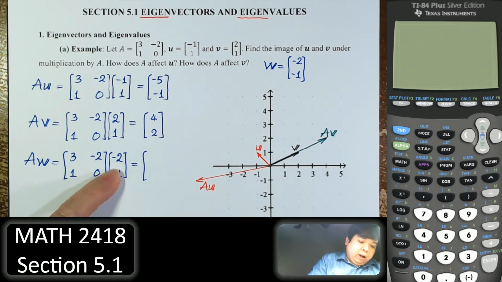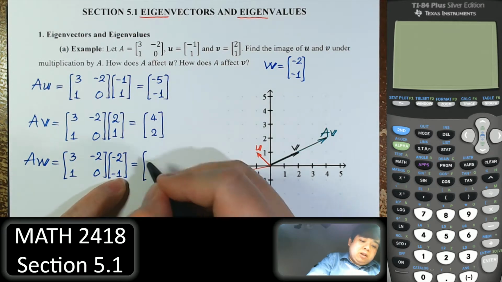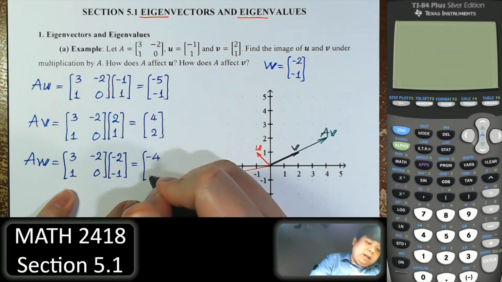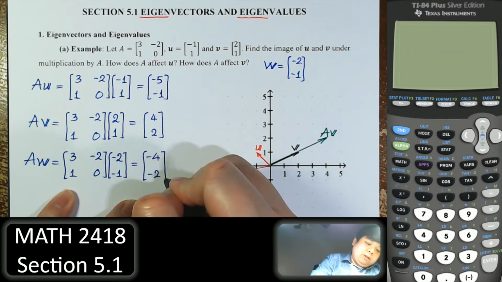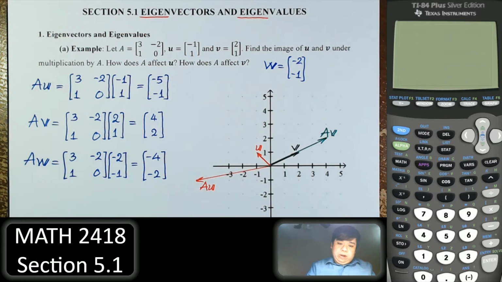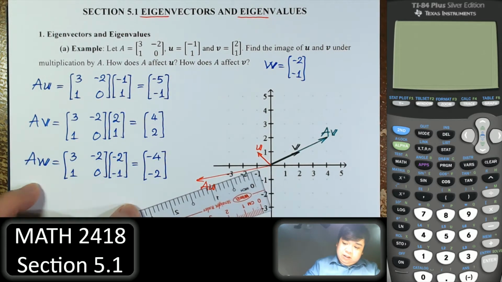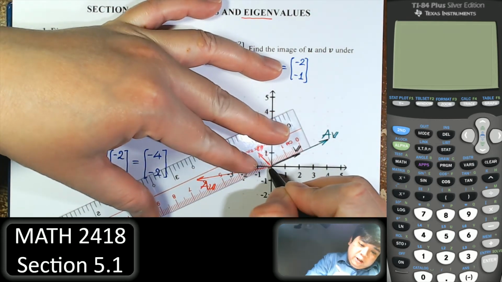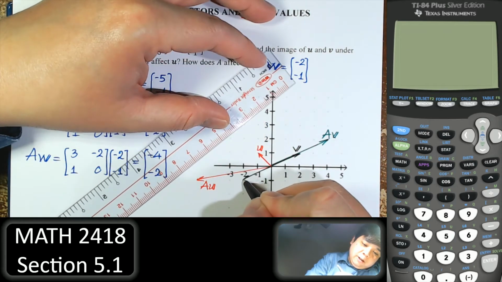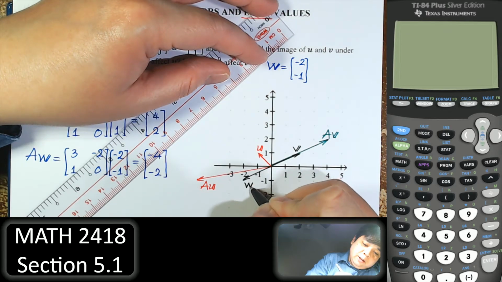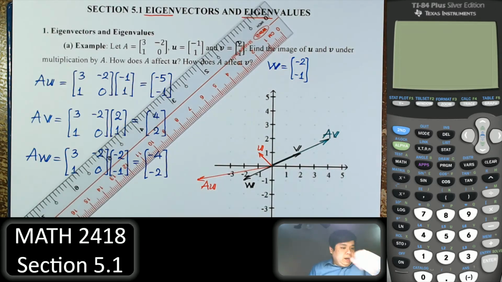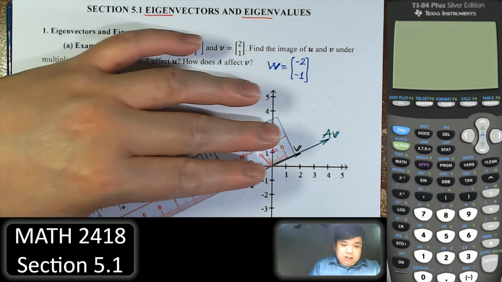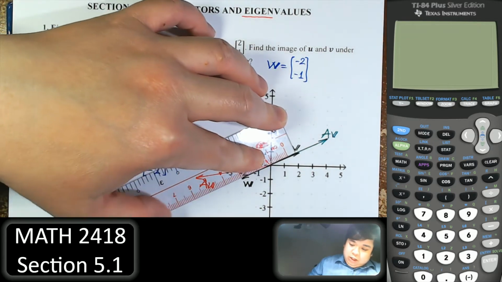So we have -6 plus 2, that's -4, and -2. So now we have w is -2, -1, and we multiply by the matrix.